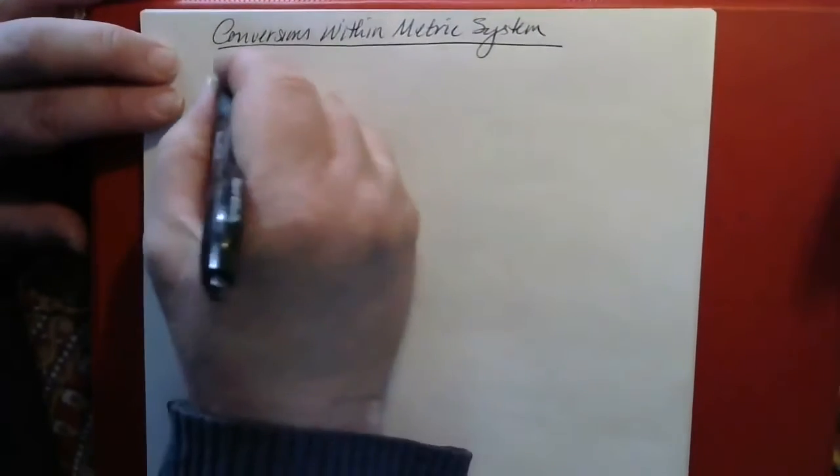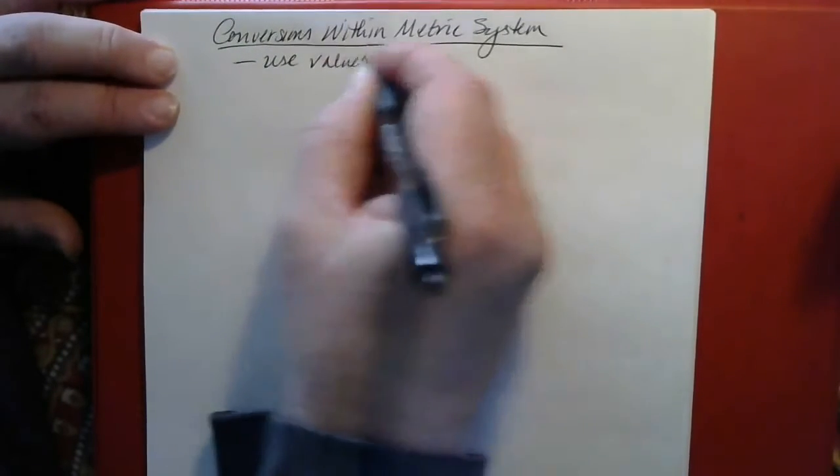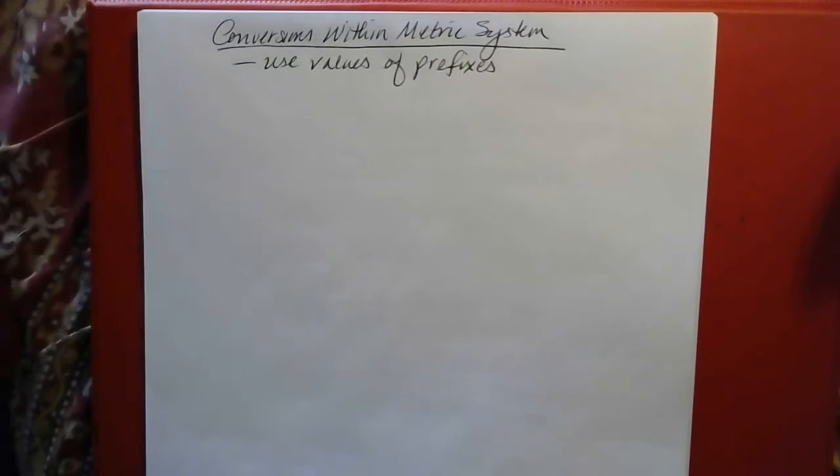They're much more common than conversions within the English system in science, anyway. And conversions within the metric system largely depend on knowing the values of the various prefixes.